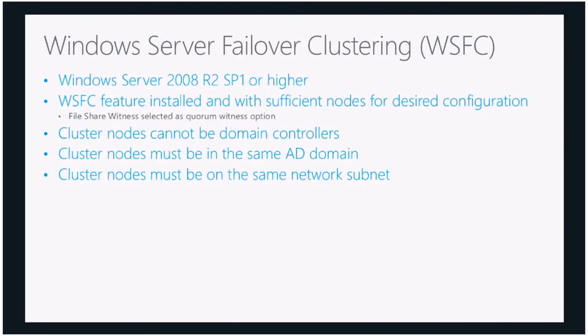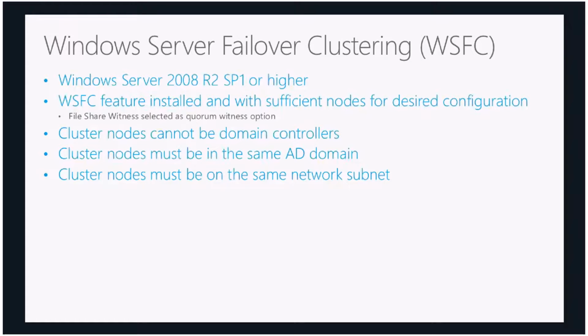So we do require Windows Server failover clustering to be installed on the Windows nodes. We need to be at Windows Server 2008 R2 Service Pack 1 or higher. The Windows Server failover clustering feature has to be installed, and it has to have sufficient nodes for the desired configuration. So for our configuration for Skype for Business using SQL Always On, the number of nodes can be either 2 or 3.